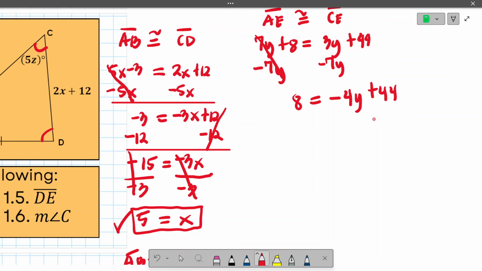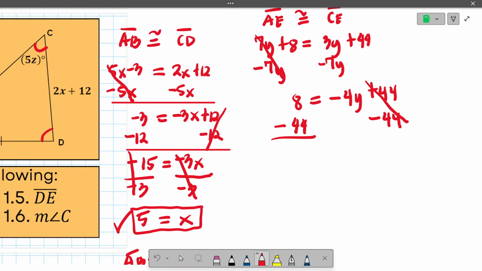To isolate y, we are going to add the inverse of 44, which is -44. Ngayon, ma-cancel na dito si 44, right? And since we are adding the negative 44 on this side, kailangan din natin gawin din dito sa other side because may equal sign dito in the middle.